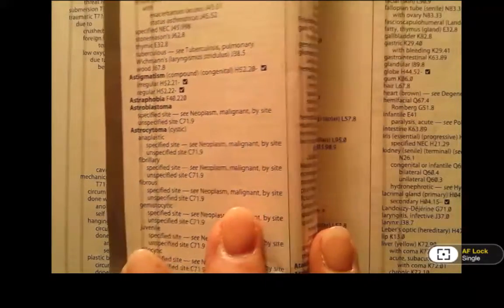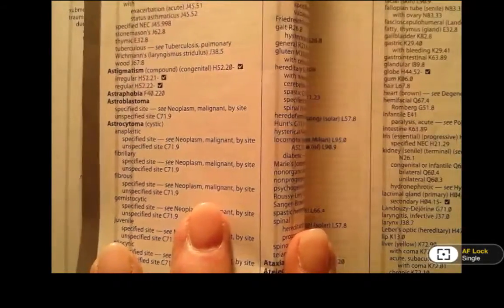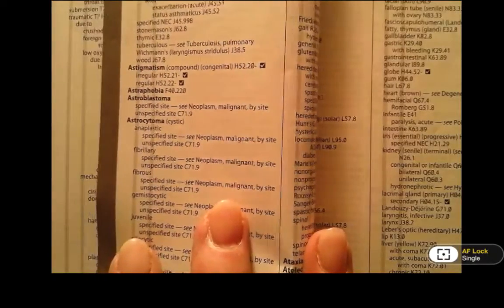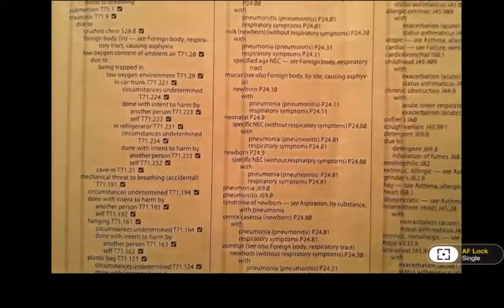So you can either use the straight edge of the page after the page you're working on, or you can get a white piece of paper and just use that as a way to follow the indentations.